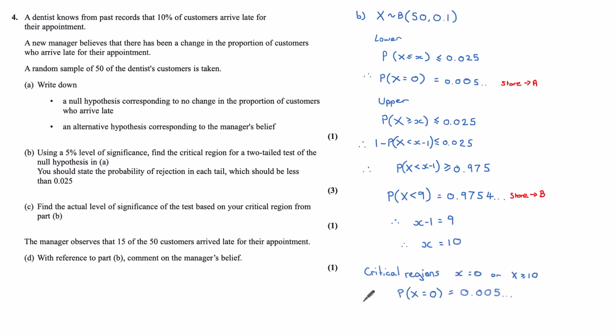So our critical region has two parts: the probability that x is 0, which was 0.05 and so on, which is stored as A on our calculator, and then the probability that x is greater than or equal to 10, which is 1 minus B on our calculator, which is 0.0245 and so on.